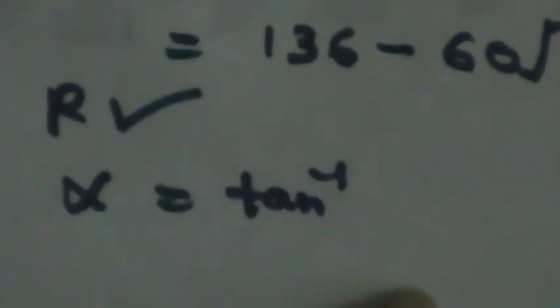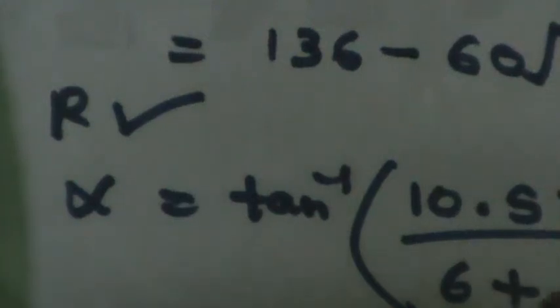Now alpha is equal to tan inverse, where alpha is this angle the resultant makes with the horizontal. So alpha is equal to tan inverse of Q sin theta divided by P plus Q cos theta. P is 6 and Q is 10, with theta equal to 150.